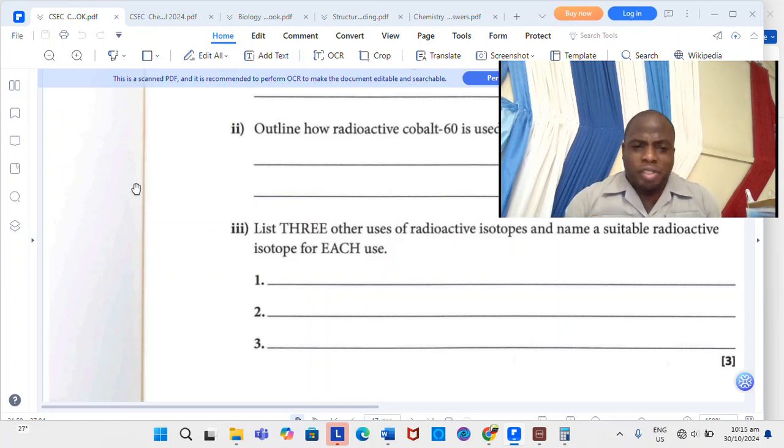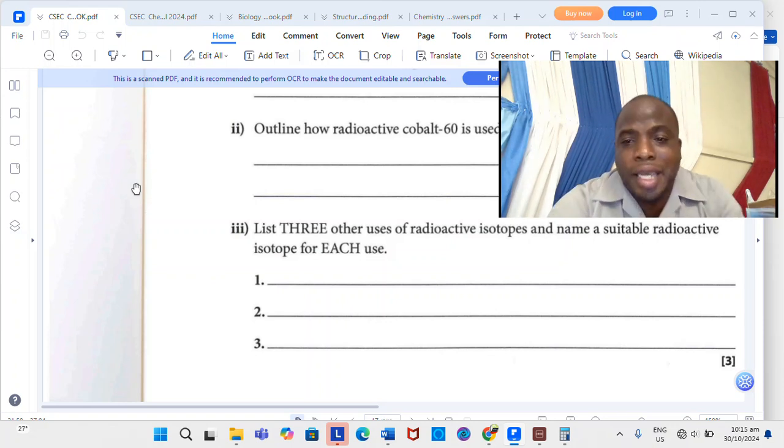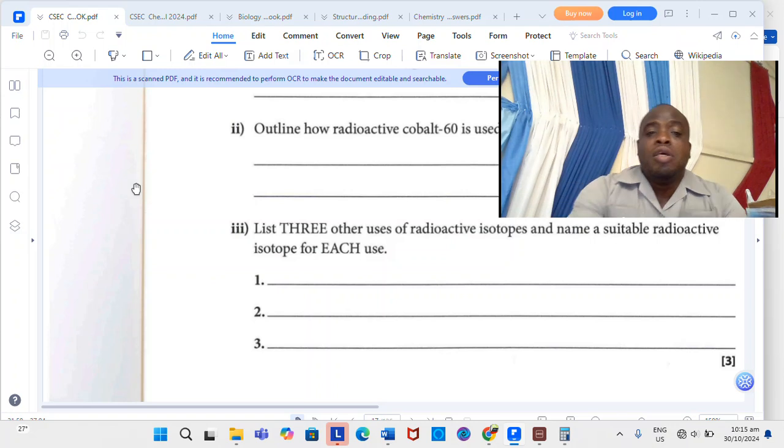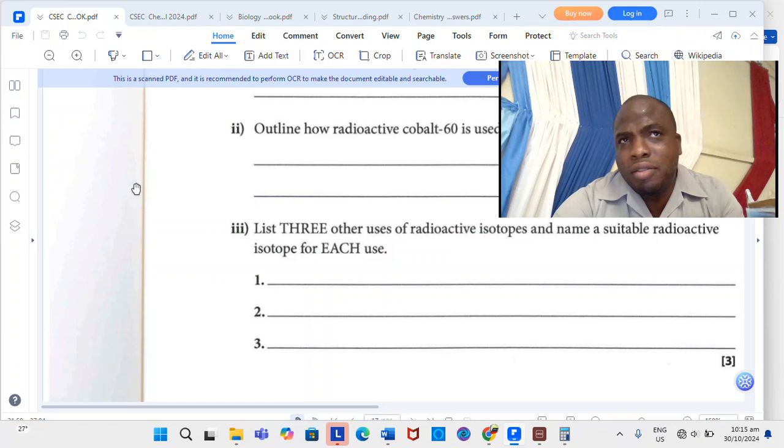Because each time you do the surgery, you're opening the individual to all diseases and any complications that can happen after. So those are some of the radioactive isotopes that you can list. There are a lot more out there. Just zero in on them, and you can add them to your list.